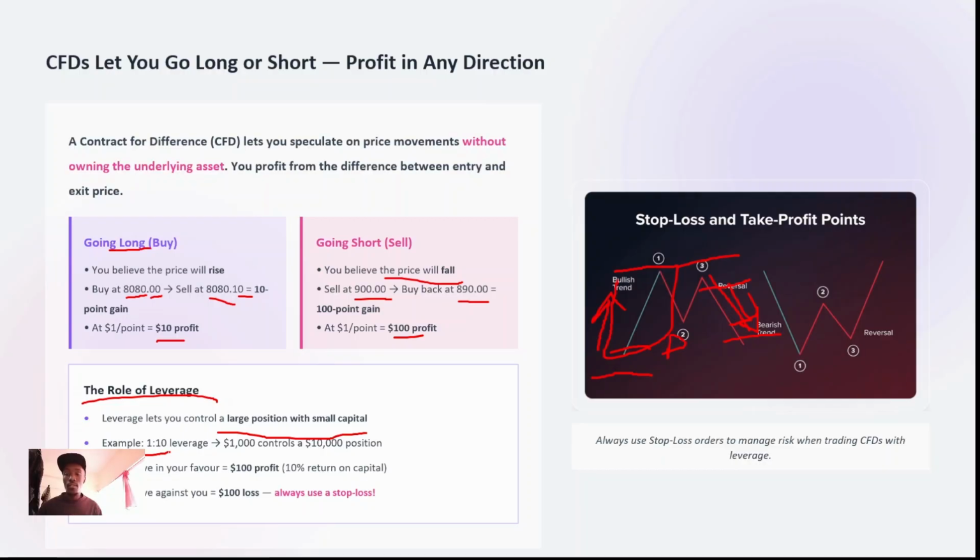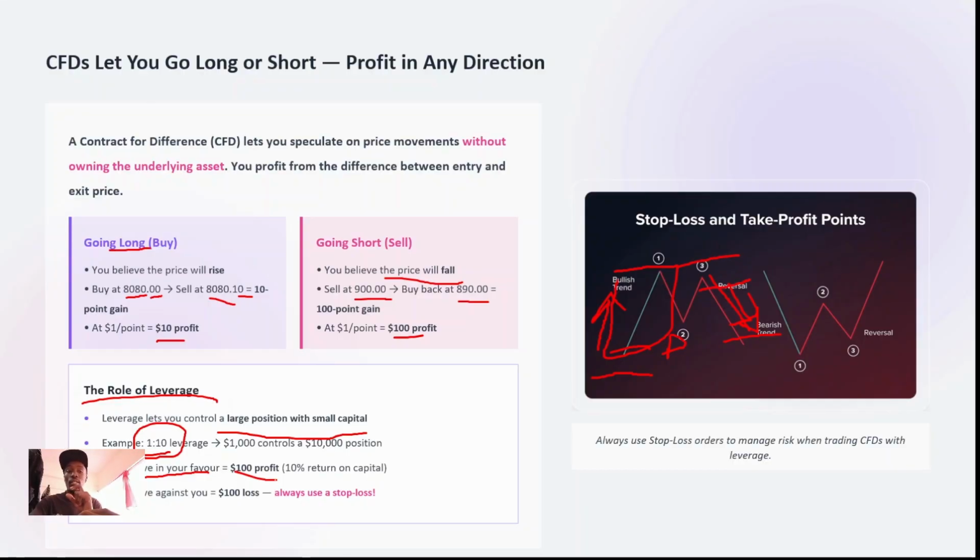So what does this mean? This means that you can make a lot of money, and you can also lose a lot of money in these markets. Meaning, if the market moves 1% in your favor, using this 1:10 leverage, that will be equal to $100 in profit.